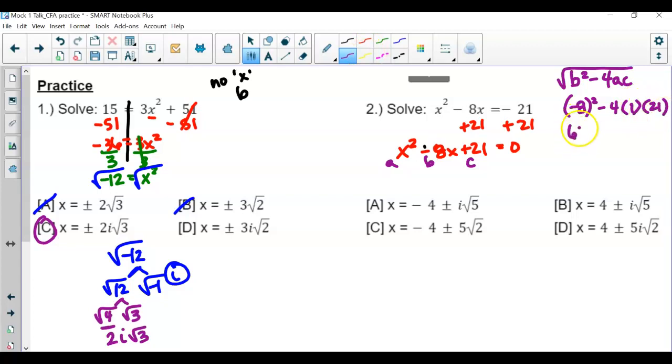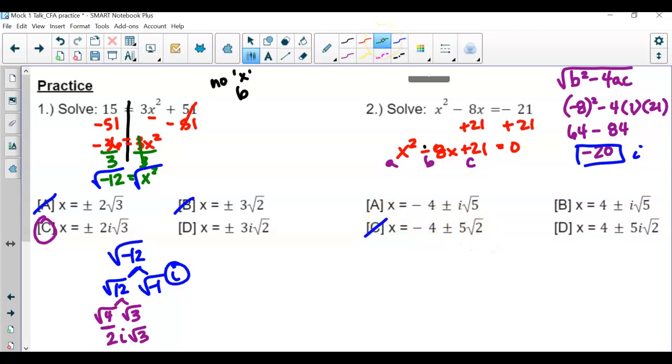Now I've got 64 minus 84, which gives you a discriminant of negative 20. Now notice and remember, when you have a discriminant that is negative, that means you have no real but 2 imaginary solutions. So we know we're going to need i in our final answer. So I'm going to mark off C because I don't have i, or imaginary, in my final answer here.